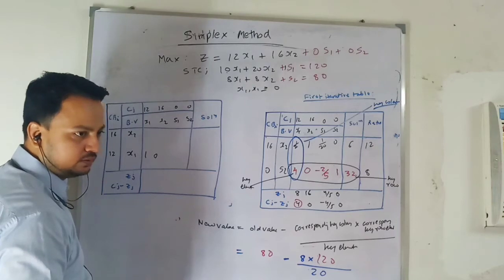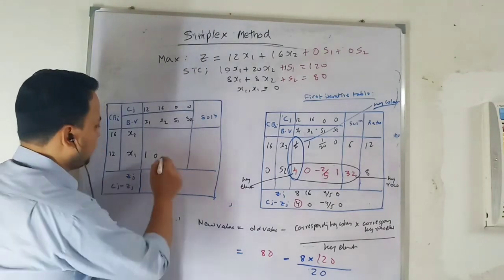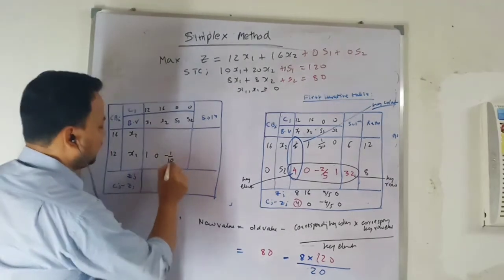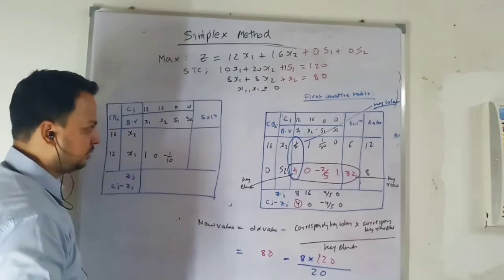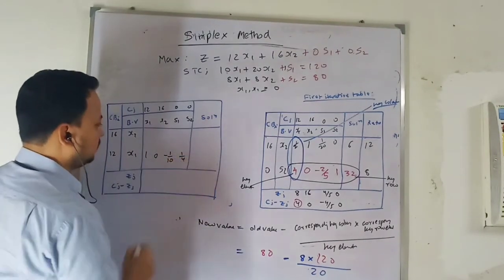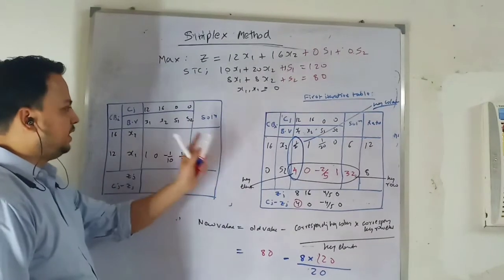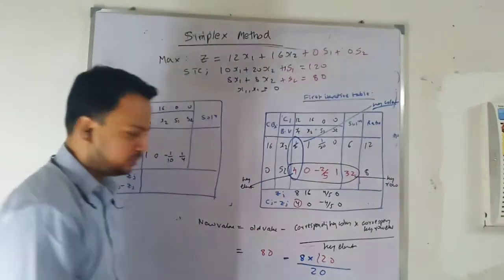How much? Minus 2 by 20. Then it will be minus 1 by 10. Okay. 1 divided by 4. It will be 1 by 4. Okay. So it is easy to find. And for this one, since key element is not nice here, I have to use this formula.